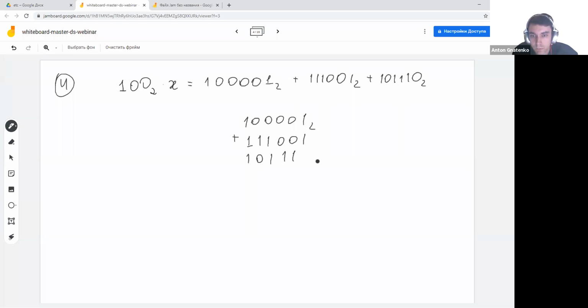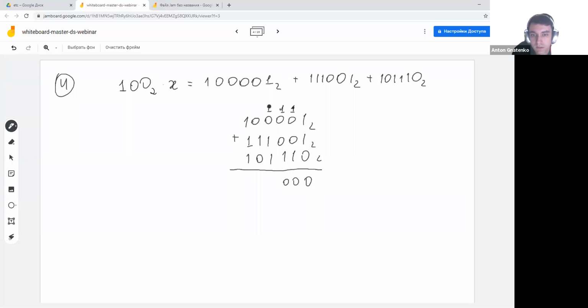So I do the binary addition here. 2 ones equals 2, which is 10 in binary. So I write 0 and I move 1 to the next digit. Here again, 2 ones, 0.